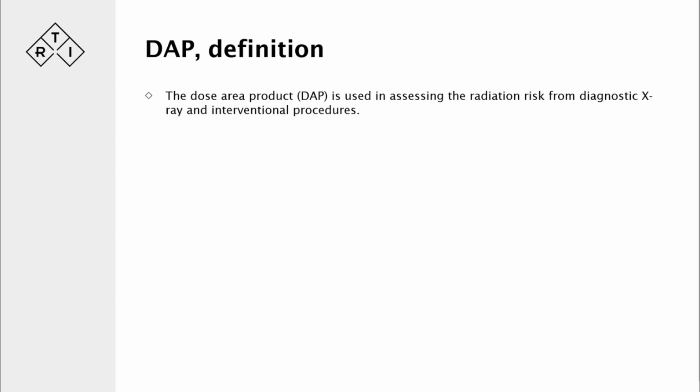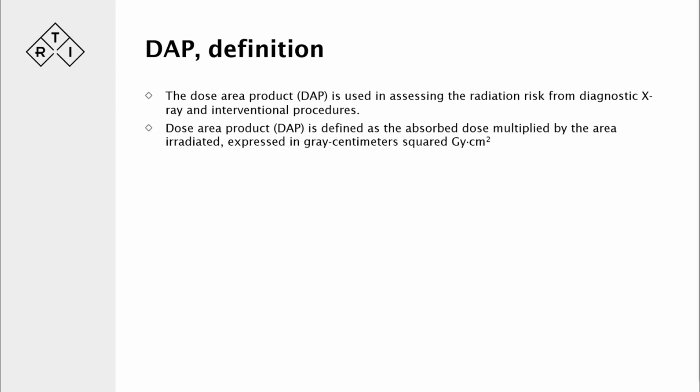So in some aspects it gives another view of the radiation risks that a patient is subjected to. It doesn't necessarily increase the dose or the risk, but it gives another view of it in the assessment of radiation risk.